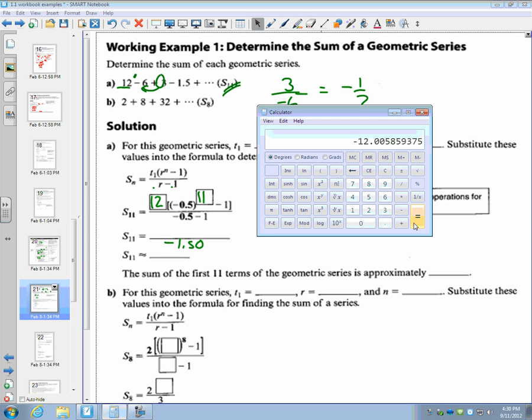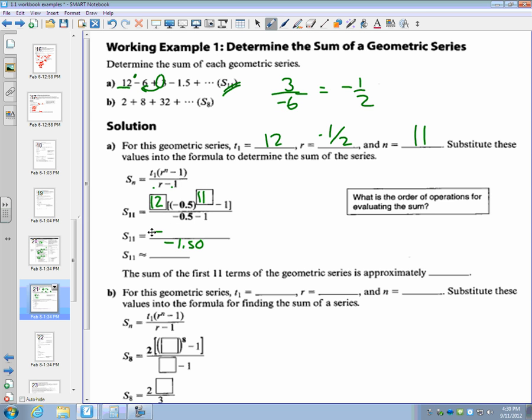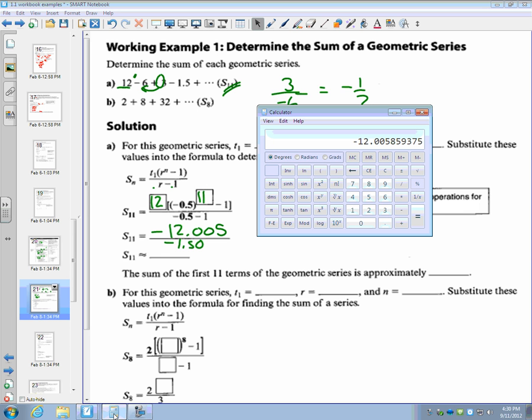So I get on the top negative 12.005 and change. I'm just going to keep the number in my calculator, and I'm going to divide by negative 1.5.